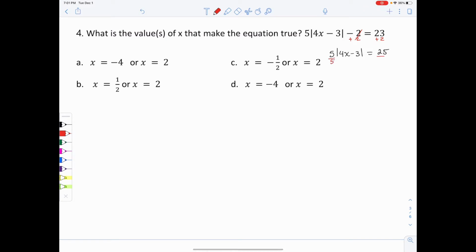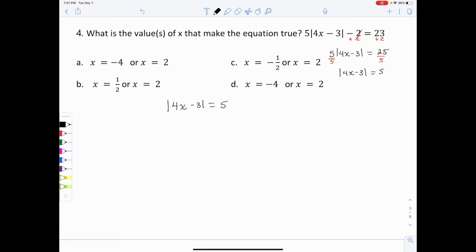So to undo it, I divide. 25 divided by 5 is 5. And so it's my cleaned up version of the absolute value equation. Absolute value of 4x minus 3 equals 5.